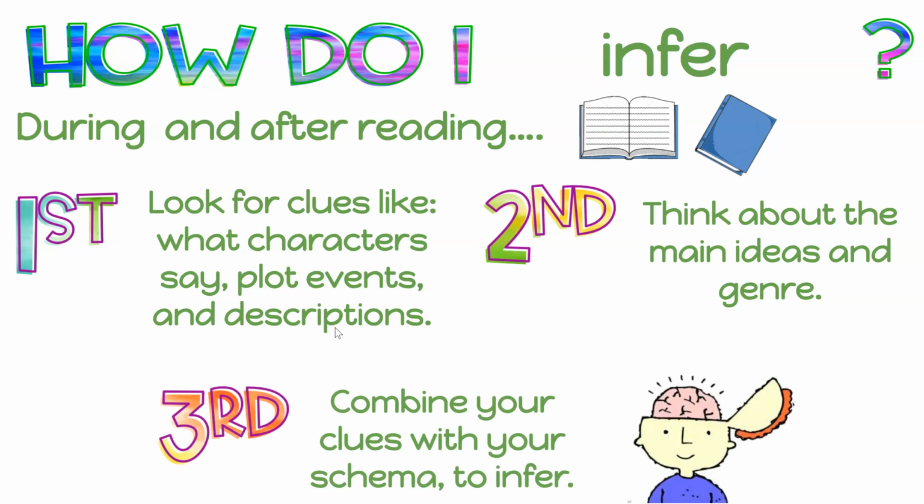Finally, you need to combine your clues with your schema to infer. Remember, schema is that knowledge that you already have in your brain. So use what you see in the text, what you know in your brain, and put it together to come up with an inference or an understanding about the text.